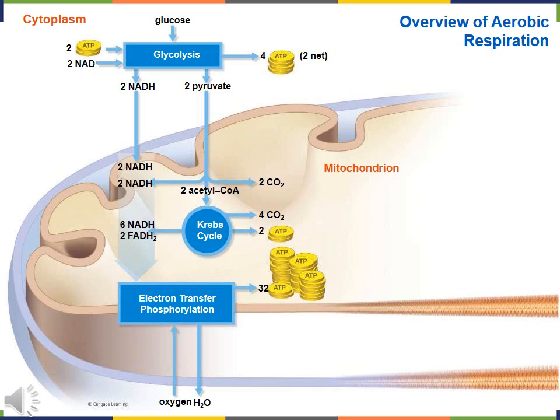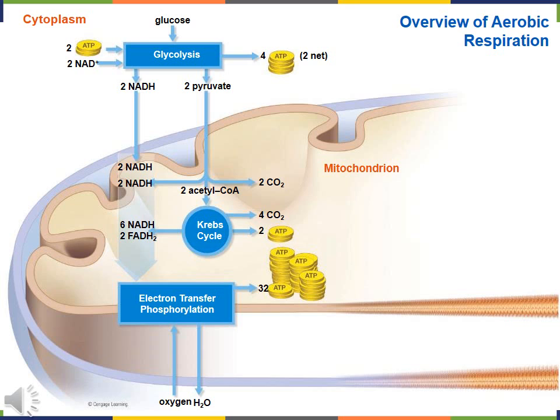This is where it should say 8 and not 6 NADH. So we have 8 NADH and 2 FADH2 entering into the Krebs cycle along with the acetyl-CoA. As we go through this process, we are going to get rid of 4 CO2 molecules. We're going to have those released, and 2 more ATP molecules.